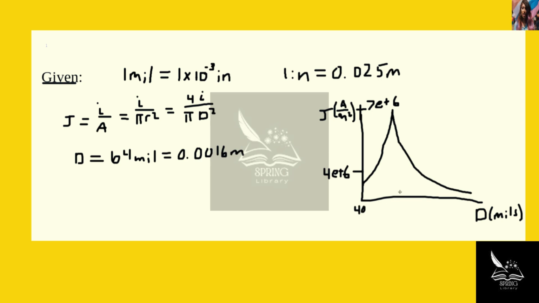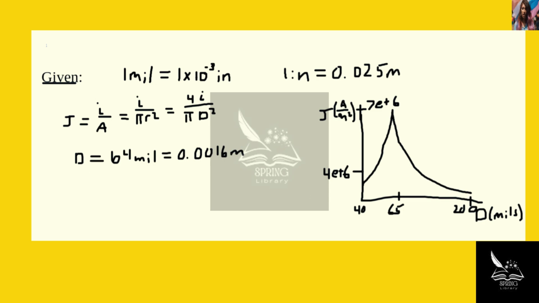The peak here is around 65. So we can use that gauge 14 wire, since the gauge 14 wire was found to have a diameter of 64 mils. So that gauge 14 wire will give us our maximum current. And it goes up to about 200 over here.